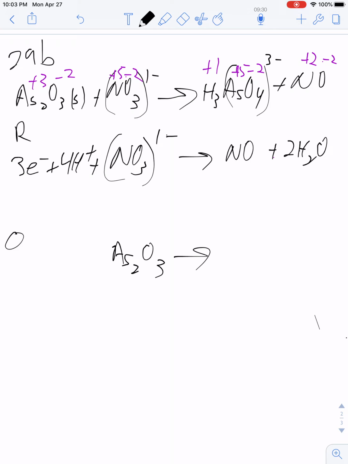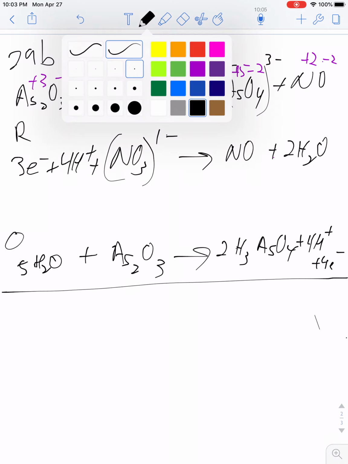Okay, the arsenic, I'm going to need 2 of these. Then I balance my oxygens by adding water. Whoops, that's not right. I have 8 oxygens here and 3 there, so I'm going to need 5 of those. Then I balance my hydrogens. I have 6 on this side, 10 on that side, so 5 hydrogens. And then balance my charge with 4 electrons.